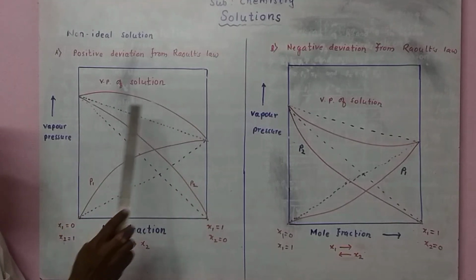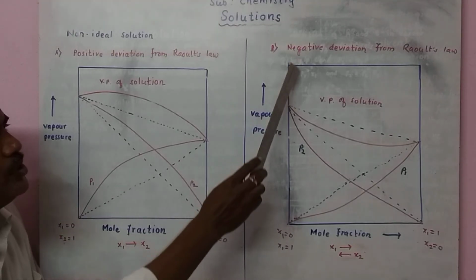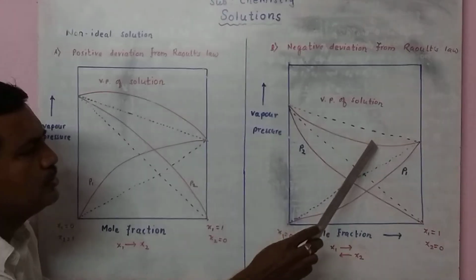Then negative deviation from Raoult's law. The solutions in which solute-solvent intermolecular attractions are stronger than those between solute-solute and solvent-solvent molecules exhibit negative deviation. The vapor pressure of the solution is lower than those of the pure components, for example chloroform and acetone. So here a negative deviation from Raoult's law is given.